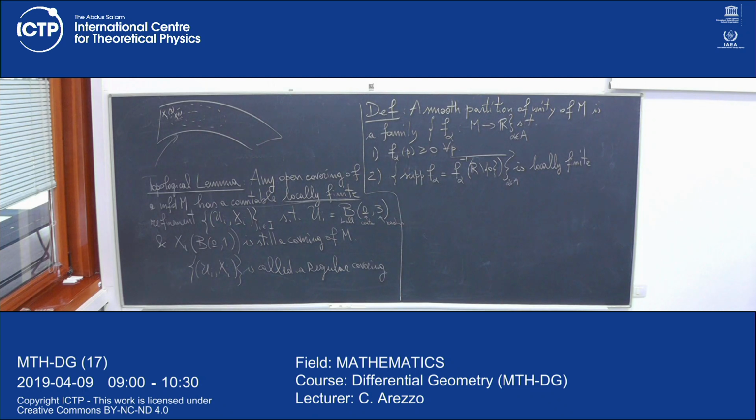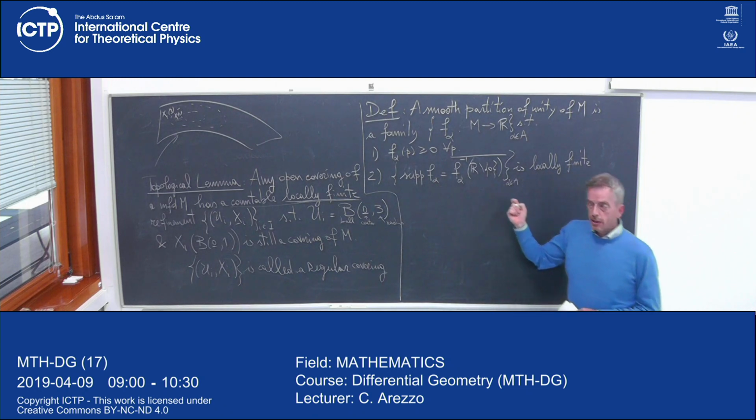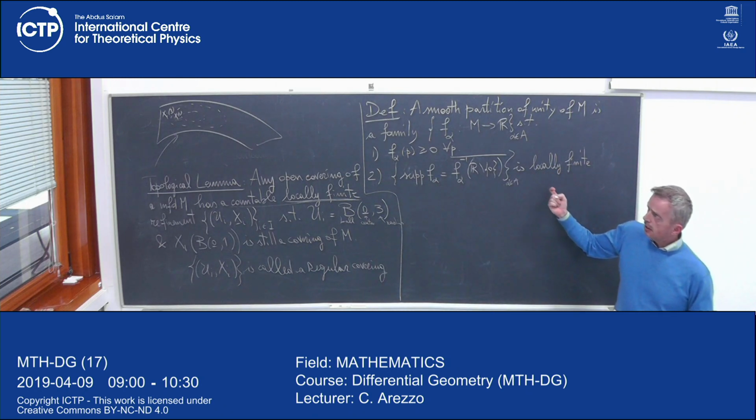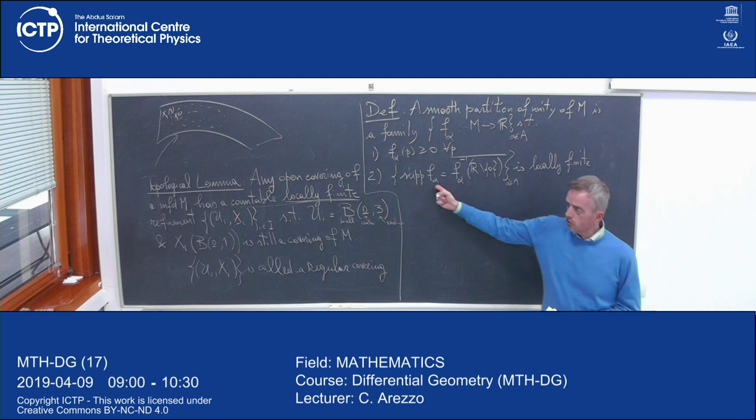It's a very formal way to say what? Given any point, what does it mean that it's locally finite? It means that for any point only a finite number of them touch it. But these are the supports of the functions.